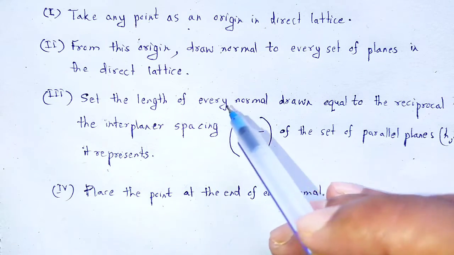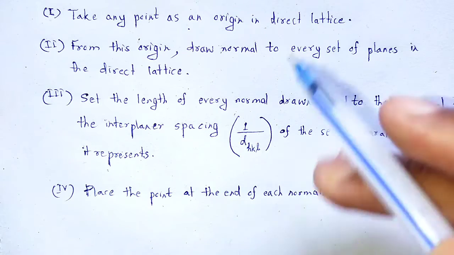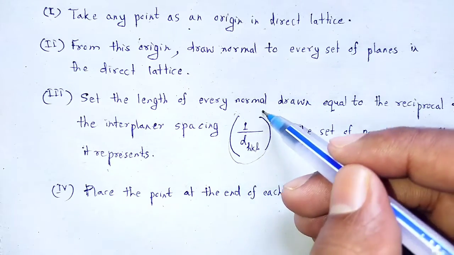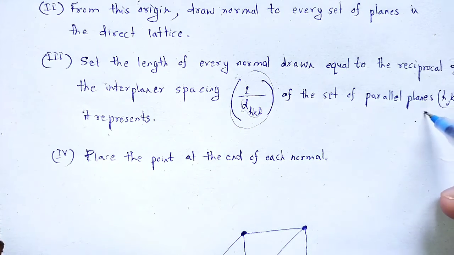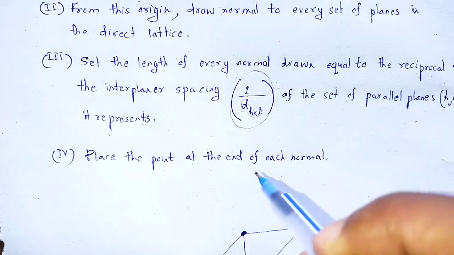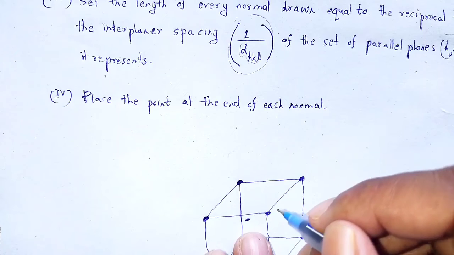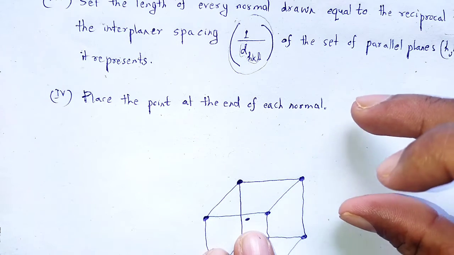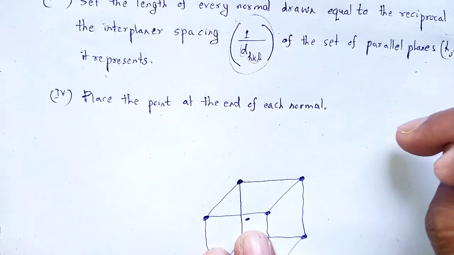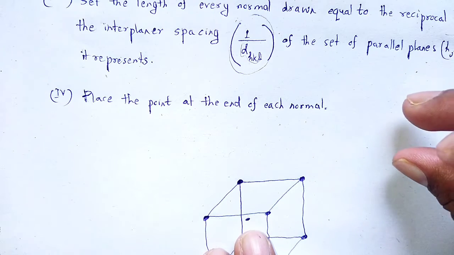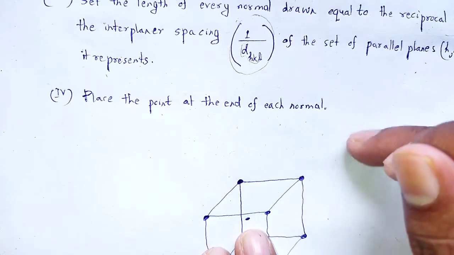The length of every normal is set equal to the reciprocal of the interplanar spacing, that is 1 divided by d of hkl, where d of hkl is for the set of parallel planes having Miller indices hkl. For example, if the spacing is 10 centimeter, its reciprocal 1 by 10 is equal to 0.1.